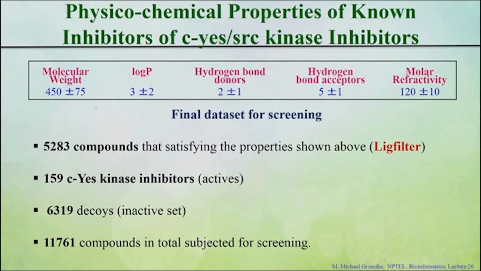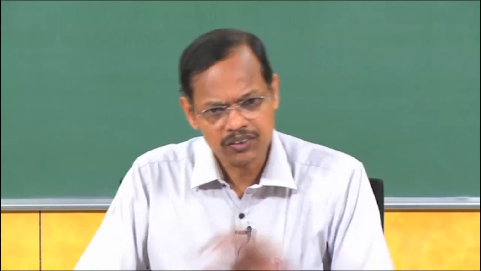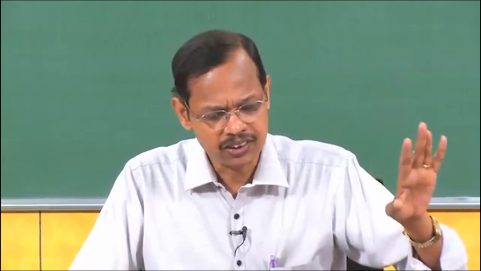So, we use both these ranges, right, minus and plus, and they screen the initial 2.2 million compounds. Finally, we ended up with these 5000 plus compounds, right. Then we have the actives 159, 6000 decoys, finally we get 11,000 compounds, right, that is fine. So, this is the ligand side, that is fine, we are set with the ligands.